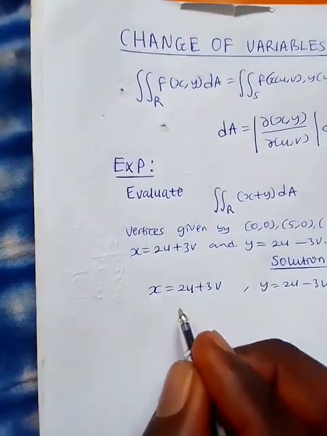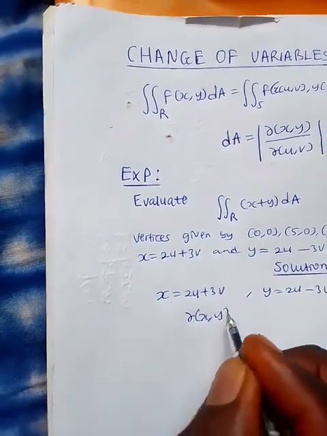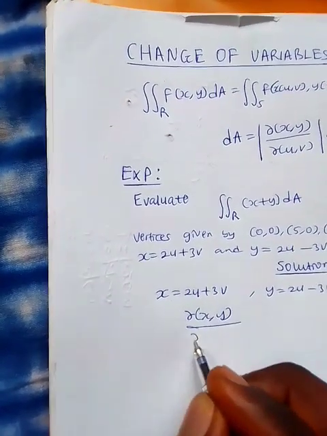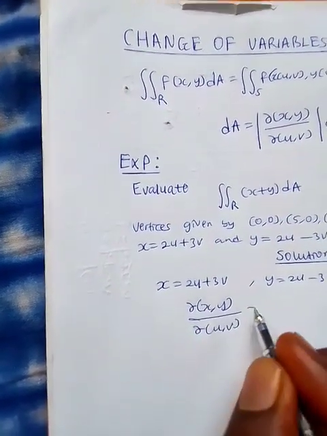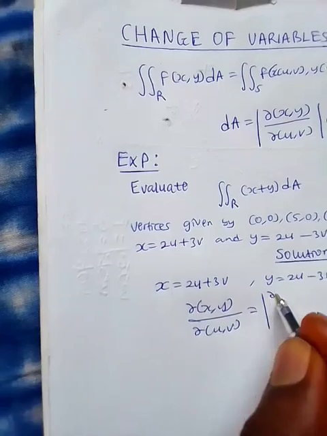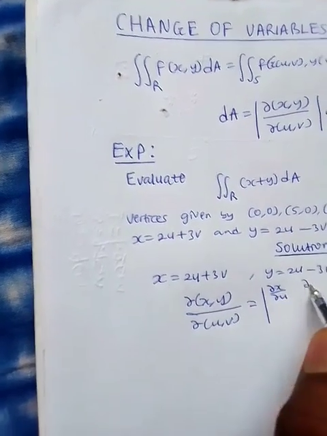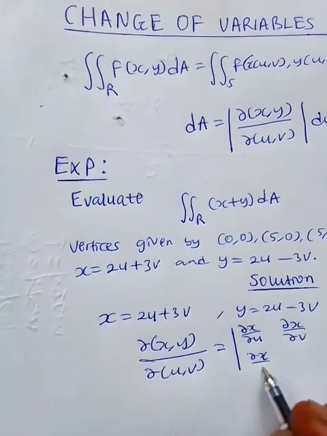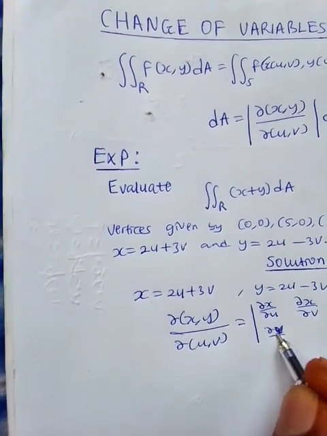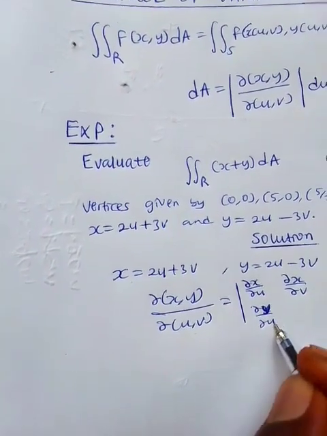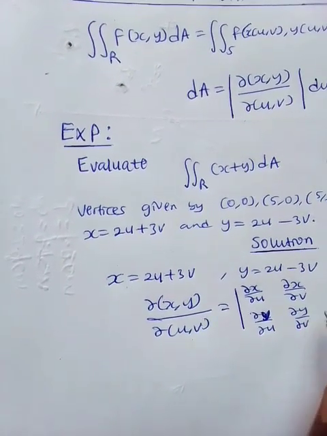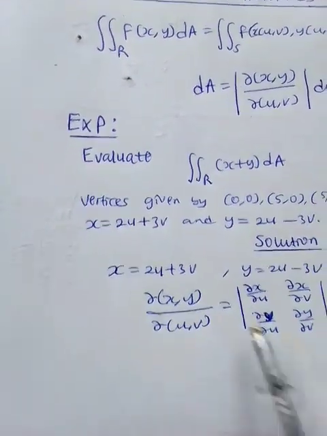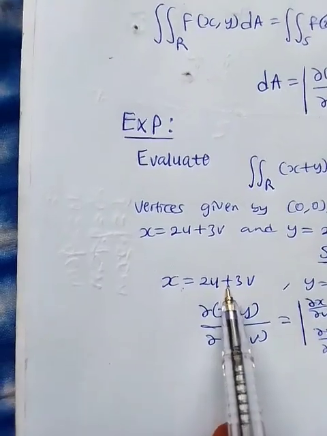So we're going to have the partial of x, y with respect to u, v, which is the determinant with partial x partial u, partial x partial v, partial y partial u, partial y partial v. This is our x.